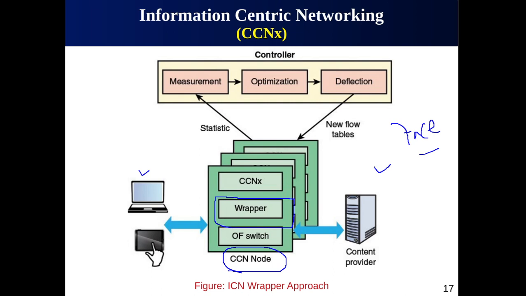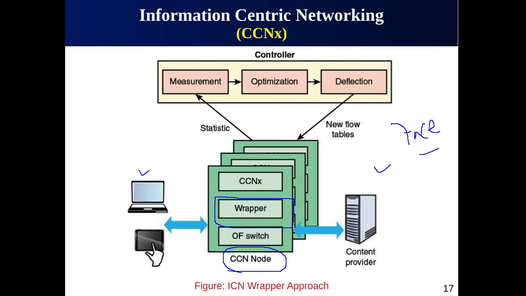So the central design issue with using an SDN switch to function as an ICN or CCN node is to use that layer. But here we have a challenge. The packets that we receive at the switch have IP addresses, and we need them to deal with names, with the information.